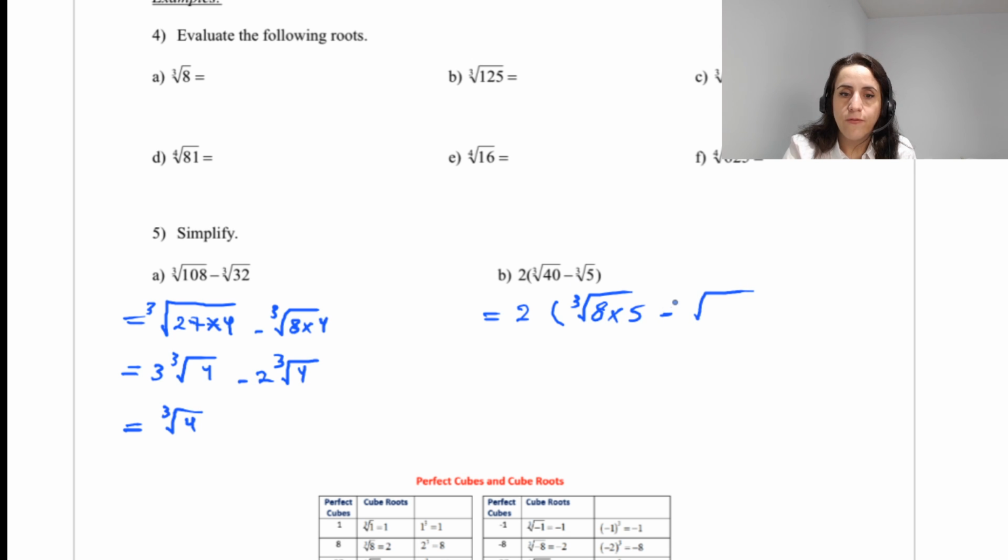But 5 is a prime number, it is not factorable, there is no common factor for it, so it is going to stay as it is. Cube root of 8 is going to be a 2. Two minus 1 is going to be 1.